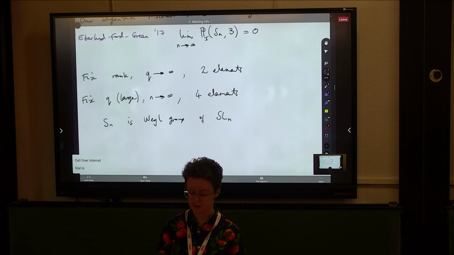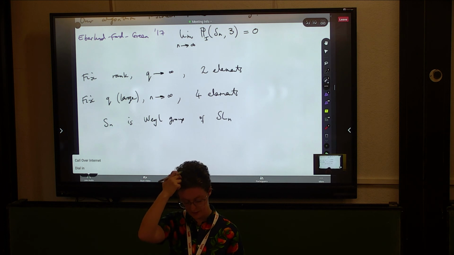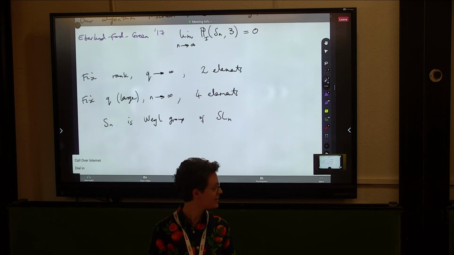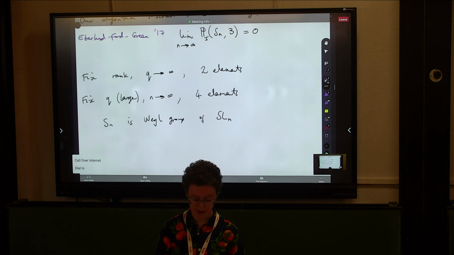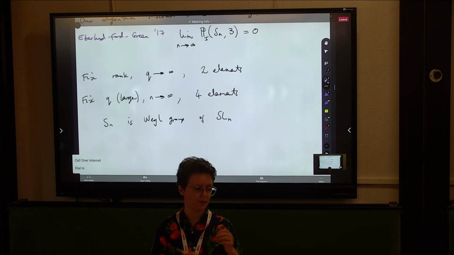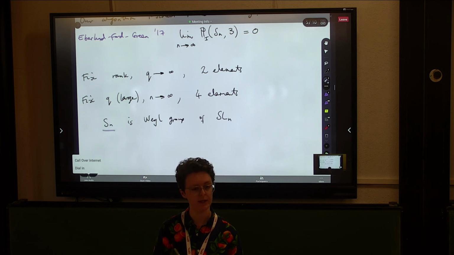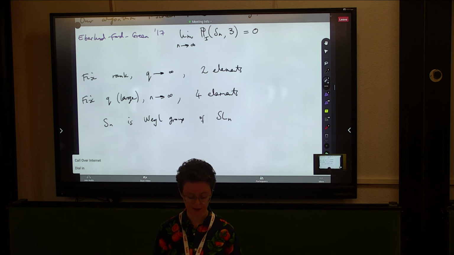And you use some cool algebraic stuff to make a connection between these elements and these elements, and you show that the result for SLN comes directly from the result for SN once you do some weird stuff with the elements. So instead of looking through maximal subgroups, you're just making some connections between elements in SLN, elements in SN, and you notice that they have similar patterns, and so they must have a similar probability of invariably generating.